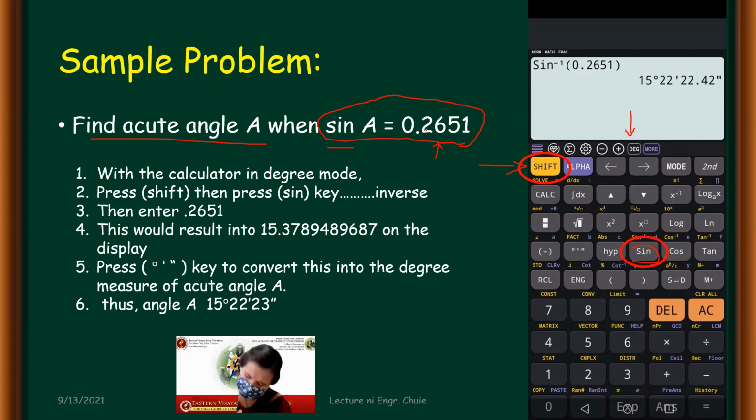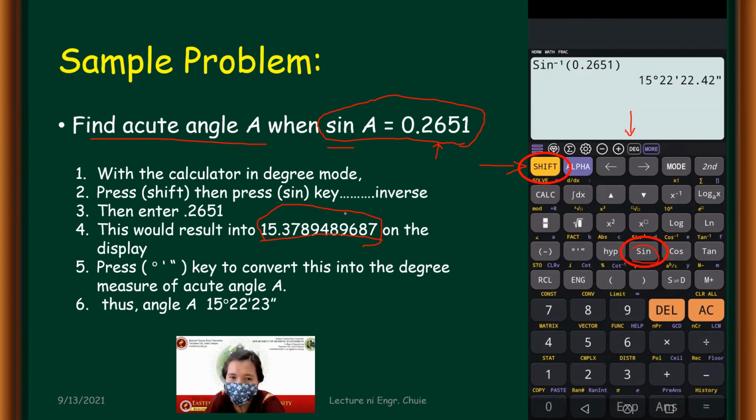So you press shift, sine, you input the value of the number, which is 2651. Then the result would be this 15.37894 and so on. So this value is in decimal degrees. That is almost approximately equal to 15.38 degrees.